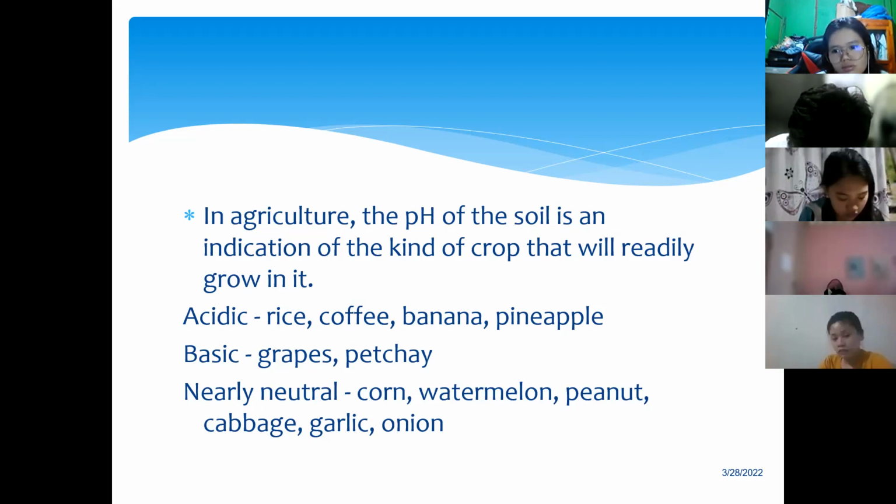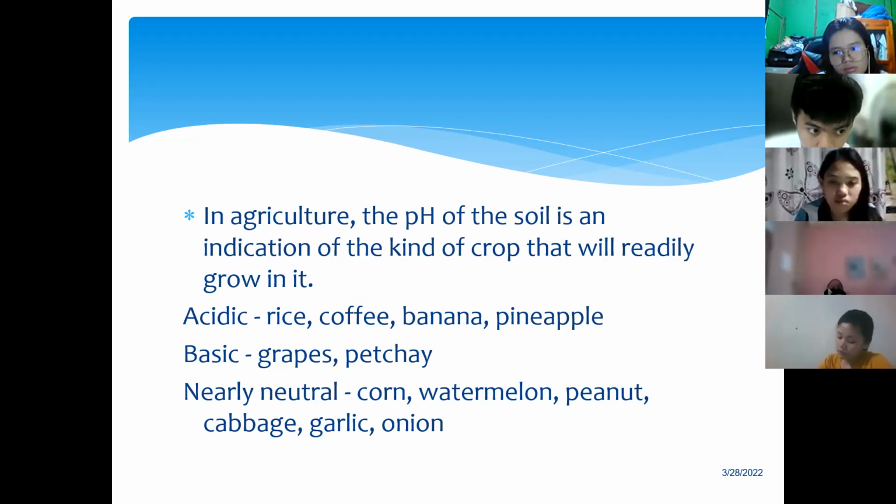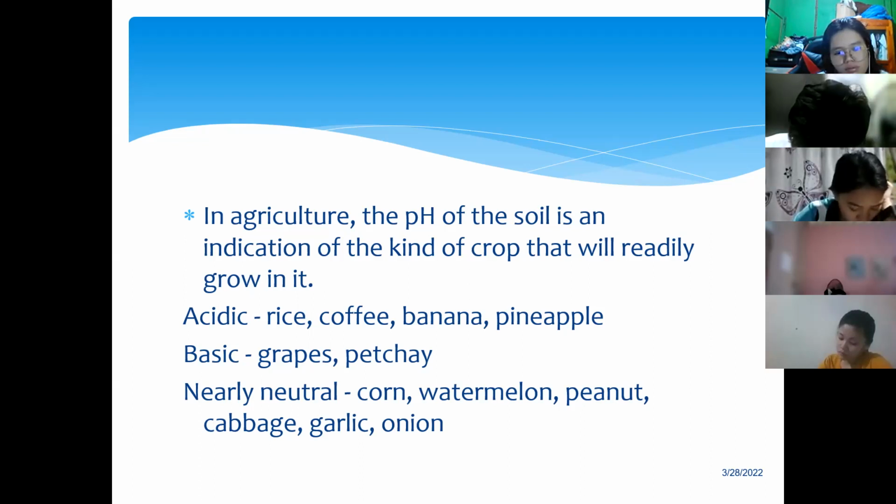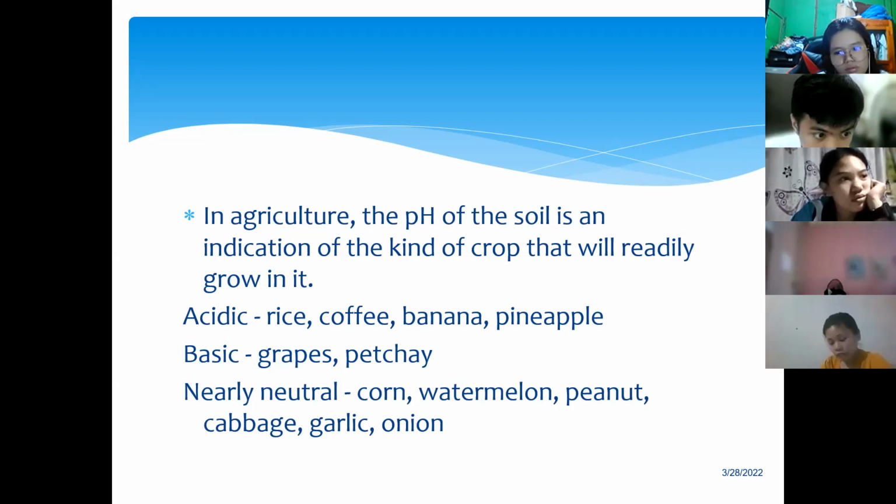So if the soil is acidic, yung plant na most likely mabubuhay, ito yung examples, the rice, coffee, banana, and pineapple. But if the soil is basic, you will have the grapes and the pechay. And for nearly neutral, we have corn, watermelon, peanut, cabbage, garlic, and onion.